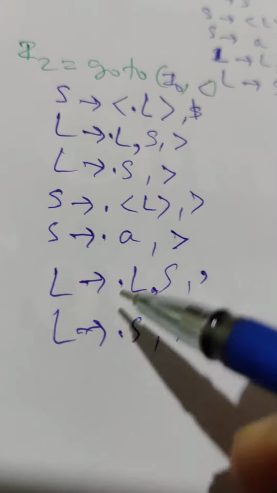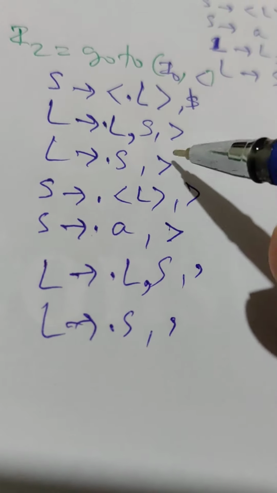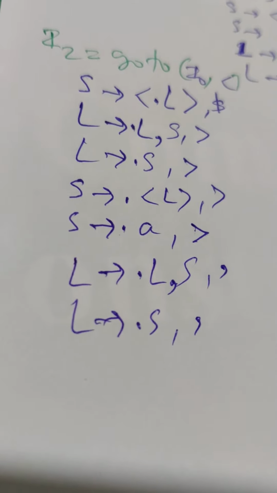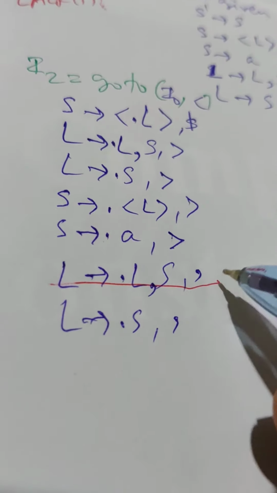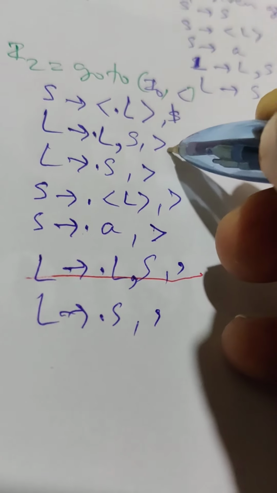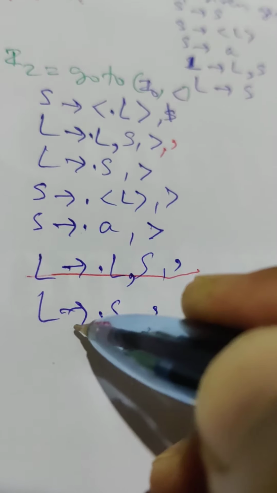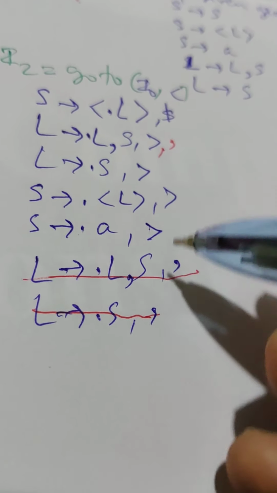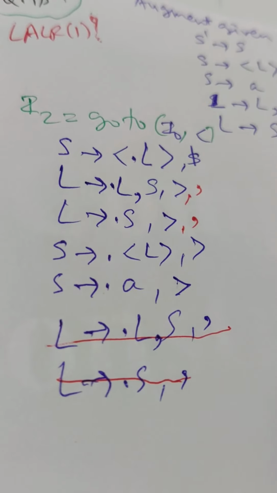Now these two rules already appear in the same item, but the lookahead was only the closing bracket, so we cancel these rules from here and merge this lookahead, the comma, with the existing ones. Same for this rule, I'm just merging its lookahead with comma, so we don't have to write it again. That's how we get this comma here.